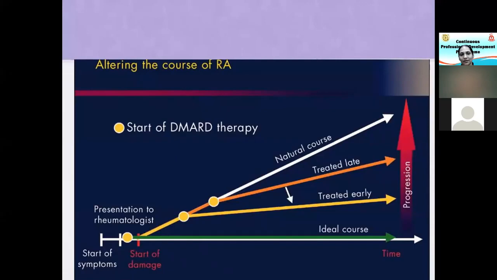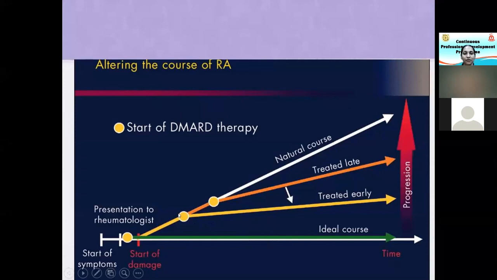You see here the start of symptoms, and the presentation to the rheumatologist will take some time, but when the patient is presented, with the initiation of disease modifying drugs, you see that the damage is halted or lessened.